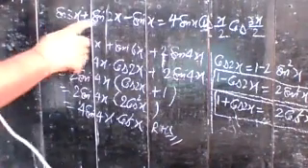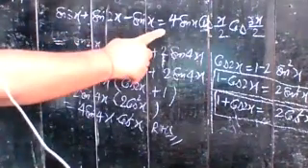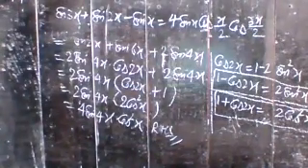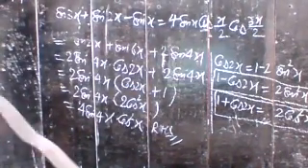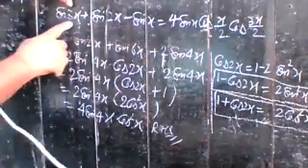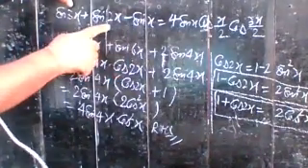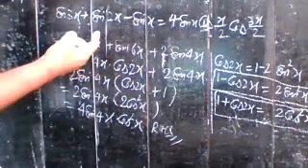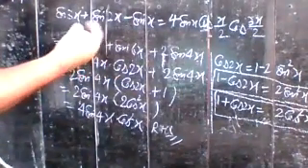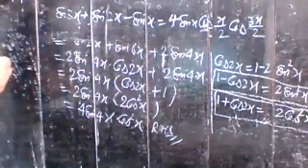Sine 3x plus sine 2x minus sine x is equal to 4 sine x cos (x by 2) into cos (3x by 2). Okay, so here you have sine 3x and sine x. And sine 2x, because here you know the identity of sine 2x. You can apply it directly: in place of sine 2x, you can write 2 sine x cos x.